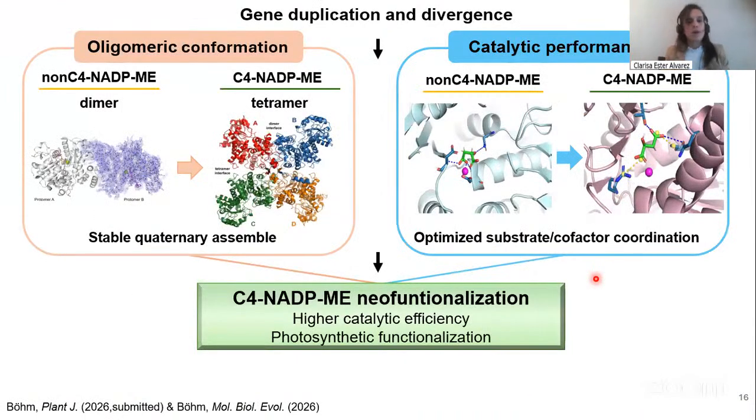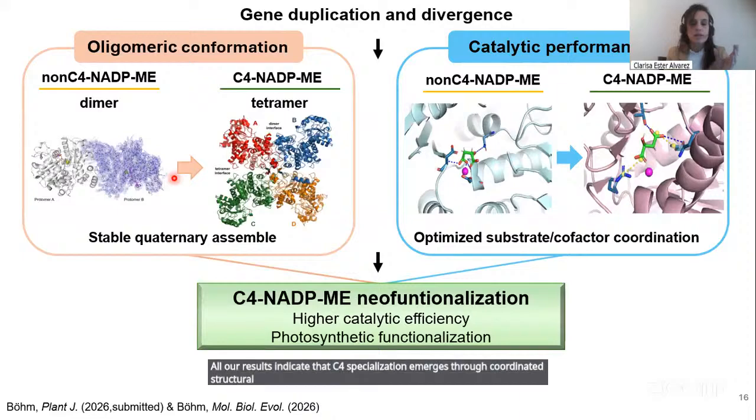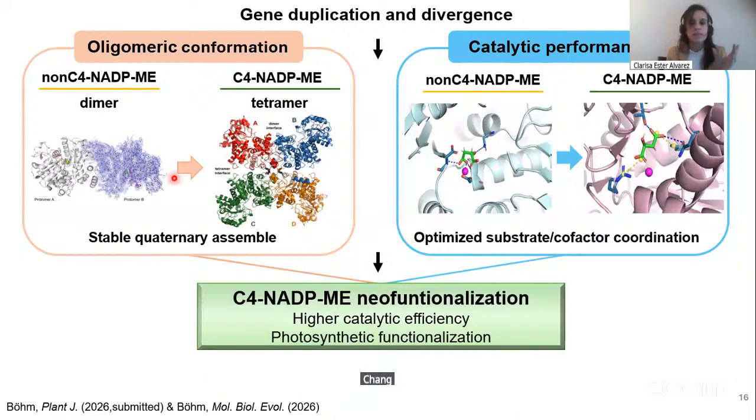So together, all our results indicate that C4 specialization emerges through coordinated structural changes at multiple scales. Evolution optimized both oligomeric assembly and ligand coordination, giving rise to the highly efficient photosynthetic NADP-malic enzyme.